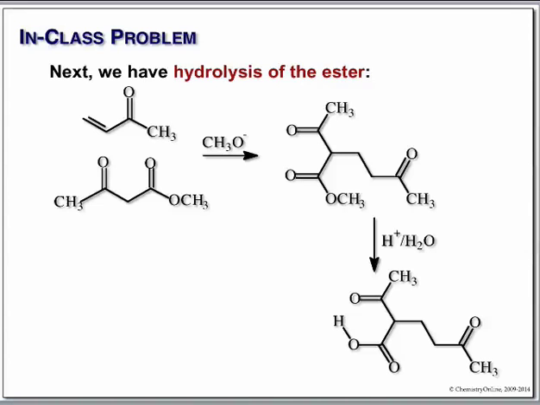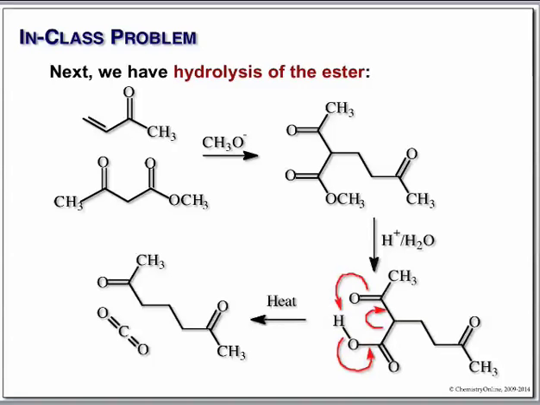Anytime you have a carbonyl and a carboxylic acid beta to each other, we will decarboxylate. When we decarboxylate, we're going to lose this as CO2. Remember, the reaction is concerted, no intermediate. The acid simply pops off as CO2. There it is. And we're left with, oh my goodness, a diketone.